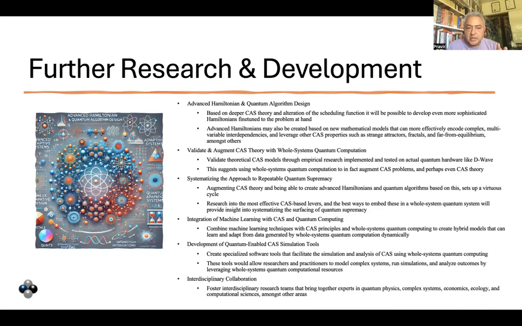And finally, this suggests also interdisciplinary collaboration between quantum physicists, complex systems theorists, practitioners, economists, ecologists, computational scientists, and so on.